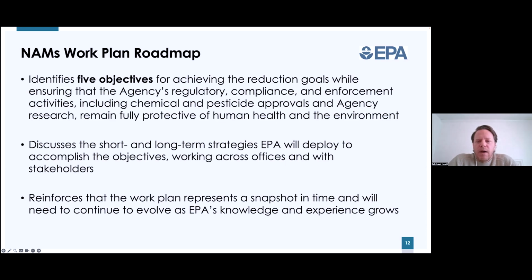However, like any roadmap, the work plan represents a snapshot in time. This document will need to continue to evolve as EPA's knowledge and experience grows, and the agency is committed to regularly reviewing the work plan to ensure that the objectives, strategies, and deliverables provide the best possible path to success.